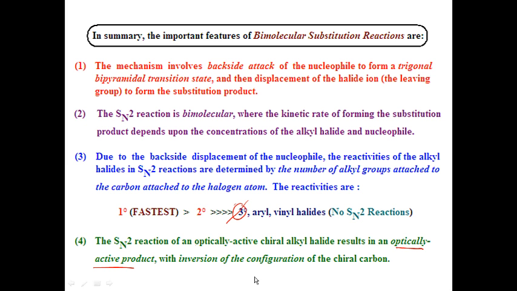Now you may say, but if tertiaries don't undergo SN2, does that mean that they can't undergo substitution? And the answer is no. Tertiaries will undergo substitution, but not by the SN2 mechanism. Okay? So that's what we will talk about on Monday, October 22nd.